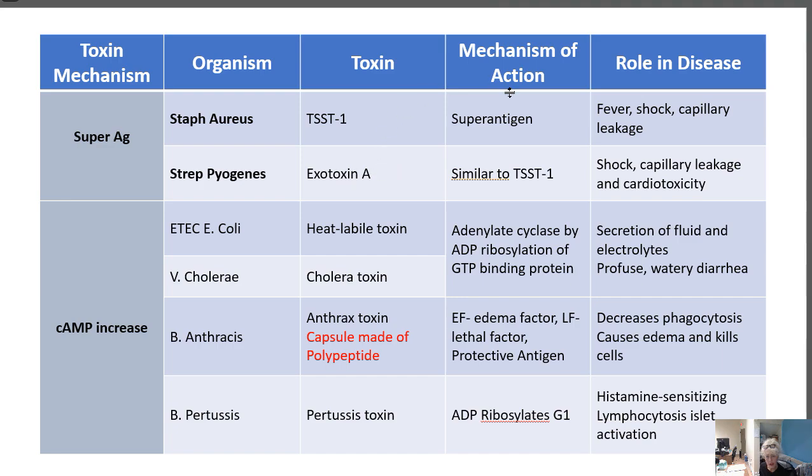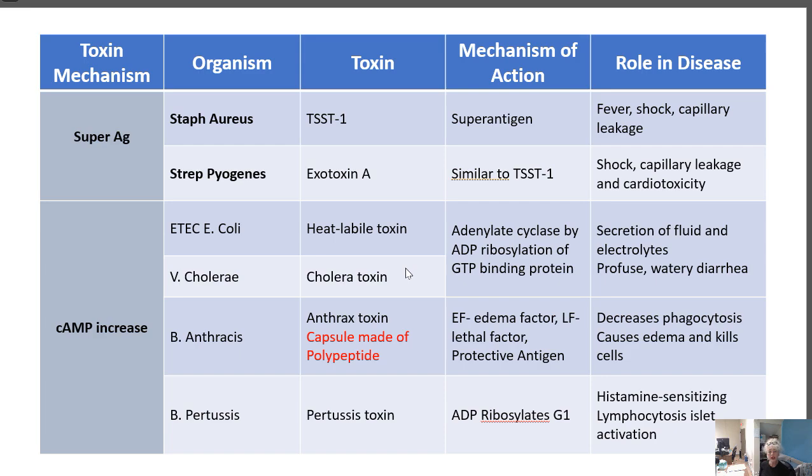It is a superantigen. Strep pyogenes is similar to the toxic shock syndrome toxin 1. It can cause fever, shock, capillary leakage, as can Strep pyogenes cause shock, capillary leakage, as well as cardiotoxicity.